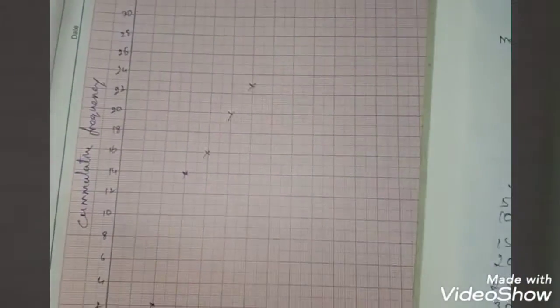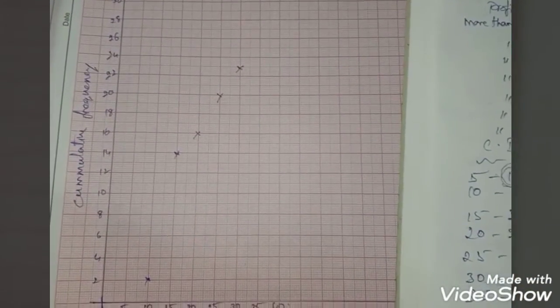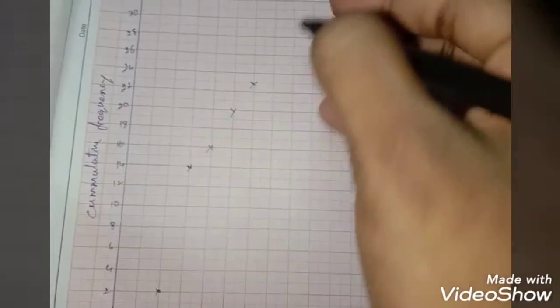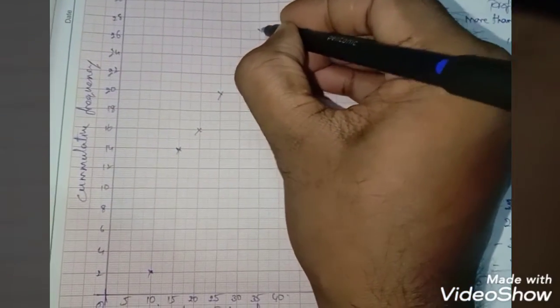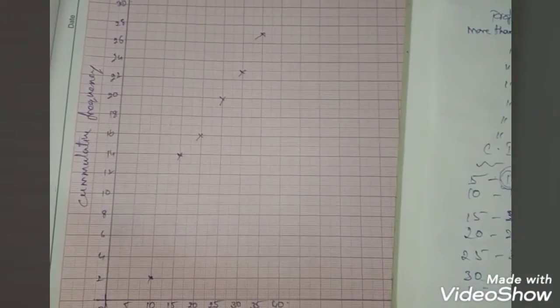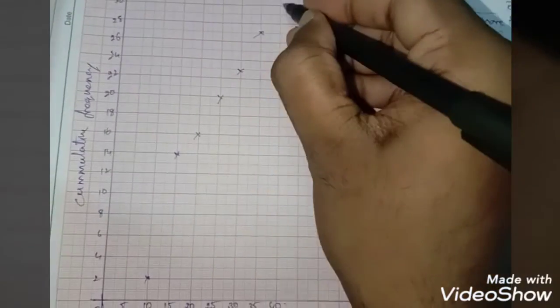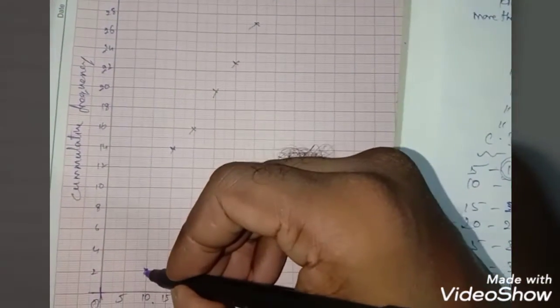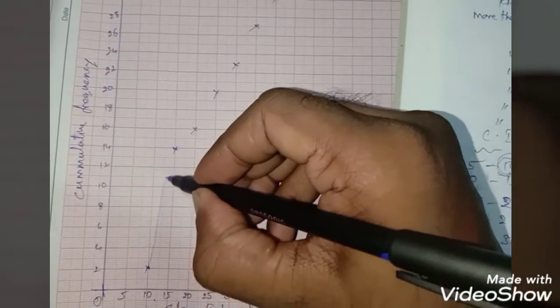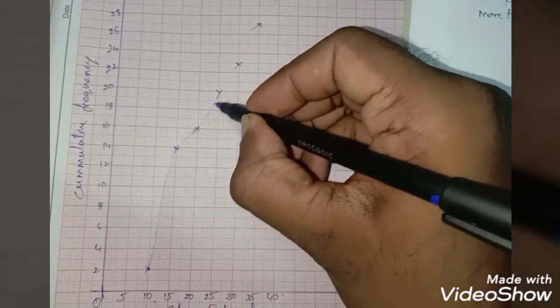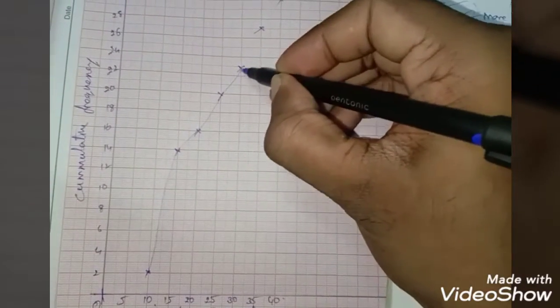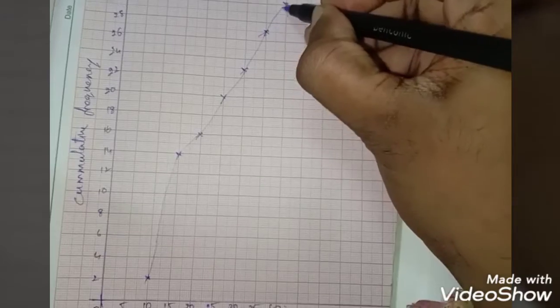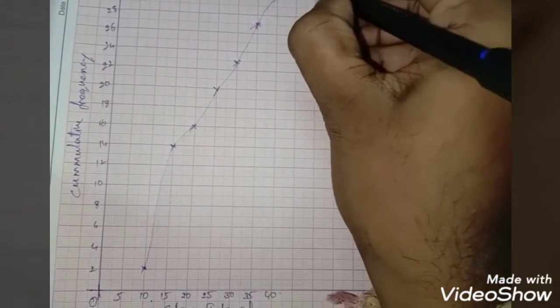Next, for 35 we have 27, which is in between 26 and 28, and the last number is 30, right? Draw a line with your free hand, not with your scale. Like this you join the points on the graph. Now this is our LCF.